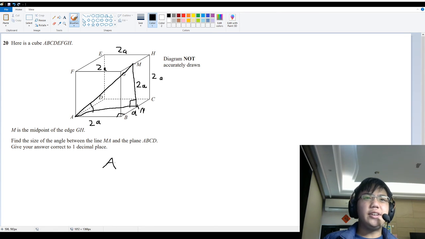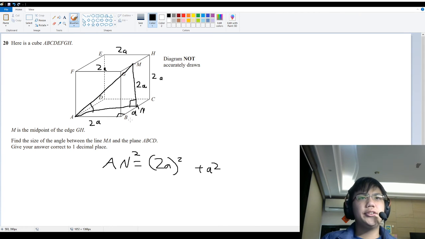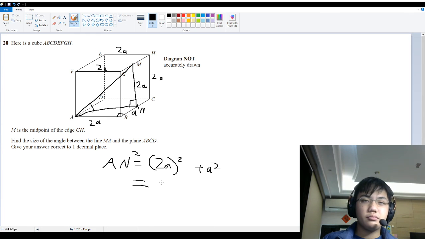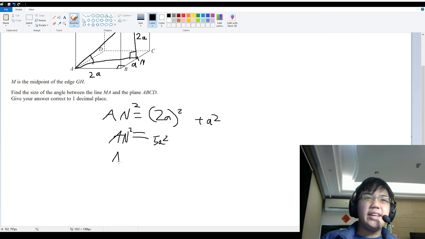To find the length of AN, we use the Pythagorean theorem: AN squared equals 2A squared plus A squared. The answer would be AN squared equals 5A squared. Therefore, AN is the square root of 5A squared long.